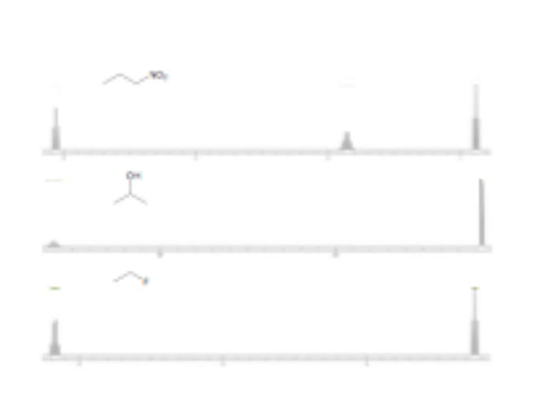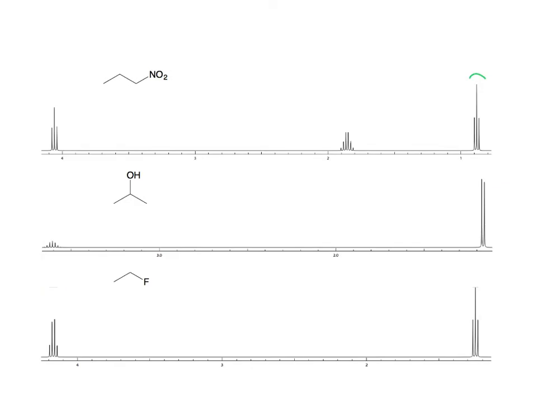We can see the triplet for the methyl group, right? We see the triplet for the signal next to the nitro group. And even though the two CH2s are not equivalent, we see this 6-peak multiplet or sextet for the CH2 in the middle, right? Because it's coupling to 2 protons on one side, 3 on the other side, so 5 plus 1, it gives it 6.